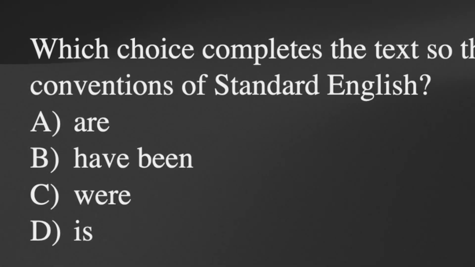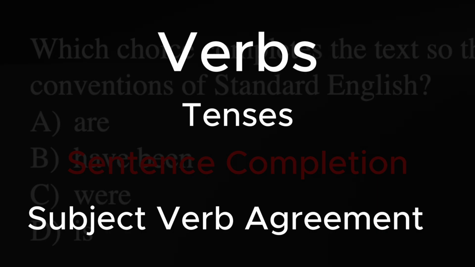The first thing I see is that all four verbs in our choices can play a role in completing sentences, as none of them are infinitives or participles, so I'm left with tenses and subject-verb agreement. And just like that, I've narrowed down what I need to be thinking about to a pretty small set of topics and ideas.